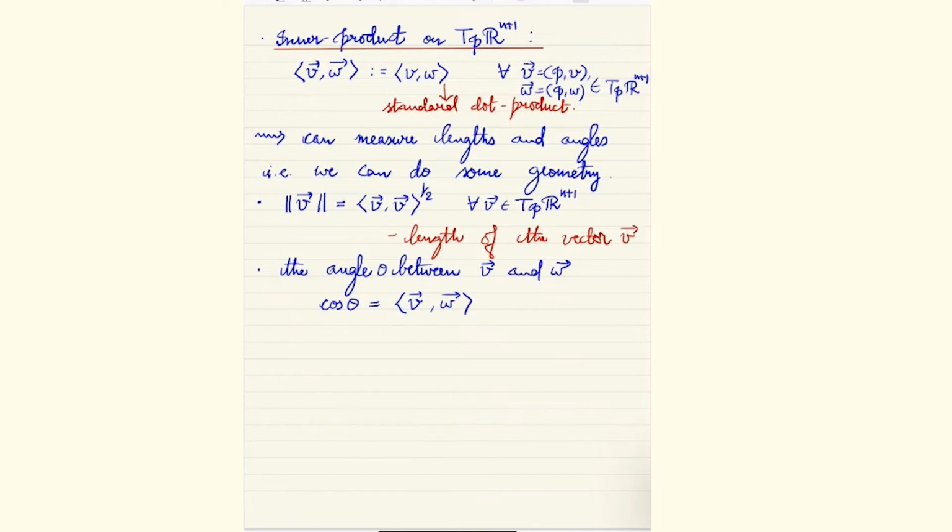So you can consider the associated unit vectors: divide v by the length of v, and w by the length of w. Of course, theta lies between 0 and pi.